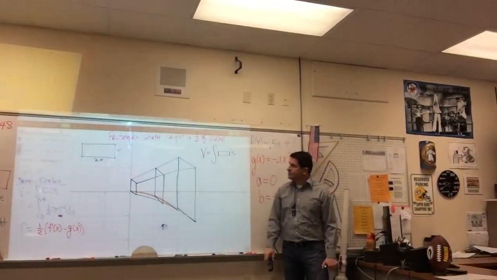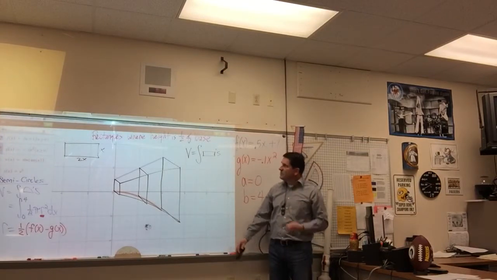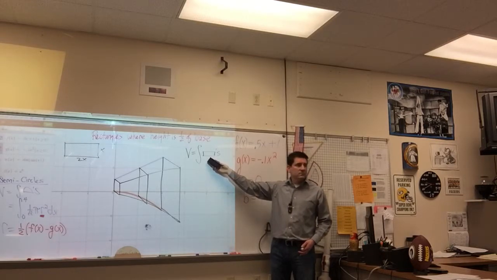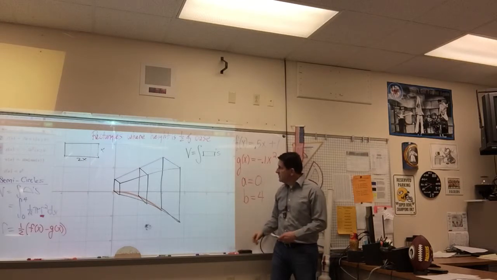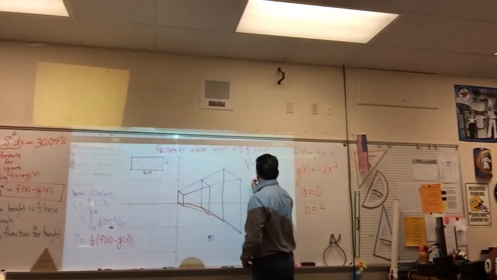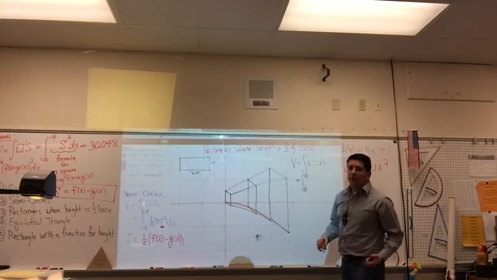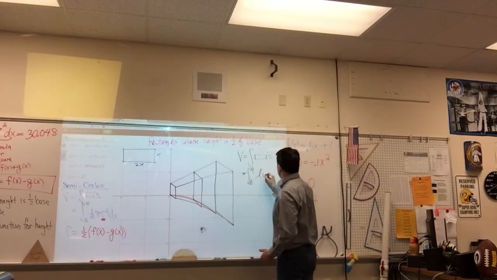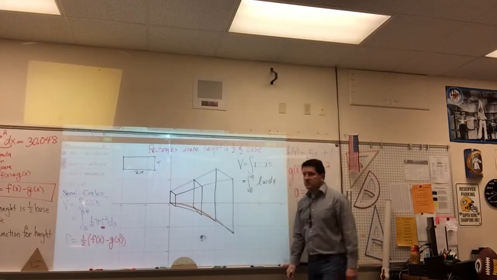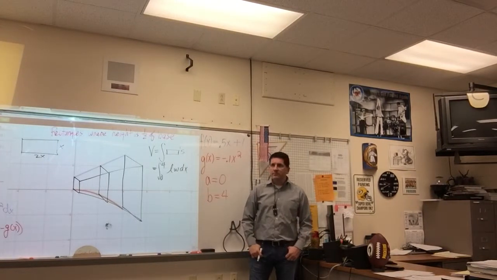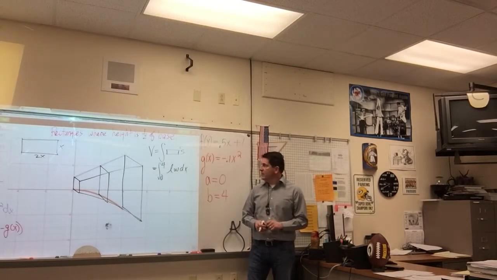Okay. Rectangles where the height is half the base, so we're going to accumulate a whole mess of rectangles. Okay. So this is the integral from 0 to 4. I know the rectangle formula is length times width.